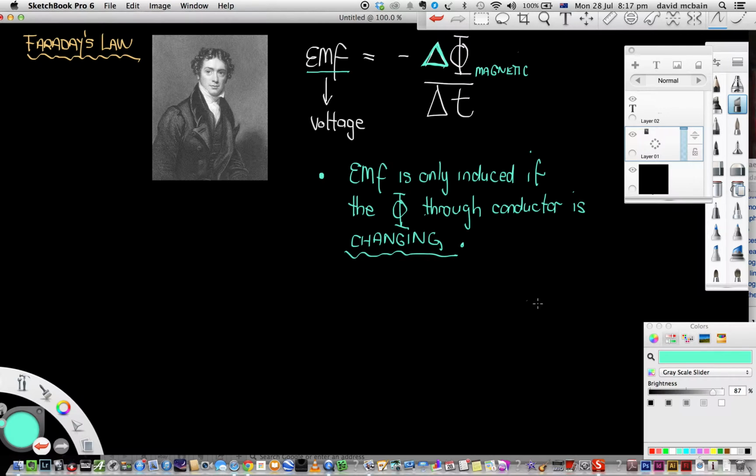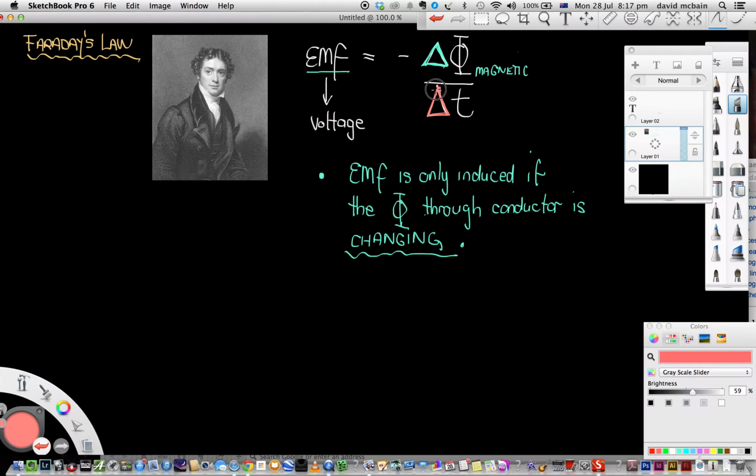It has to be changing. In other words, if the flux is static and there is no change, then there will be no EMF generated.